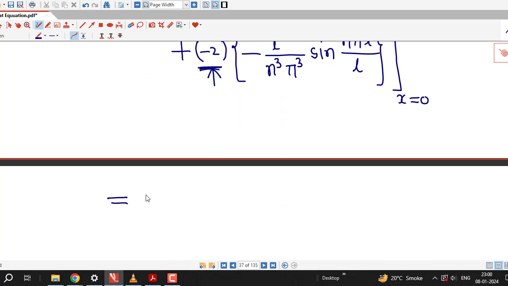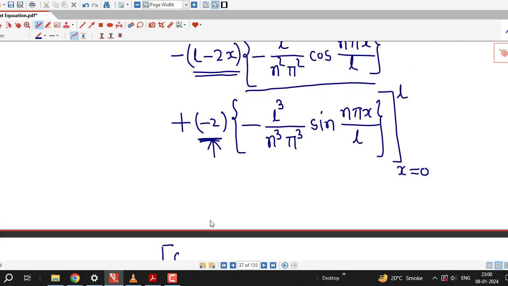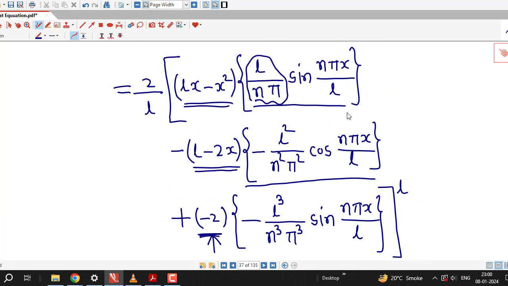Now we can directly put the limits, and let's see what we obtain. Let me write 2 by L as it is, that is multiplied with that whole bracket. First I am writing for x equal to L. If I take x equal to L in this term, then you can see that L will get cancelled, and here I will obtain sin n pi, and sin n pi is 0 if n is an integer, and in our case n is a positive integer.